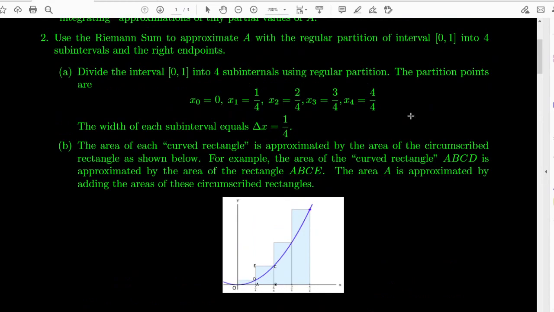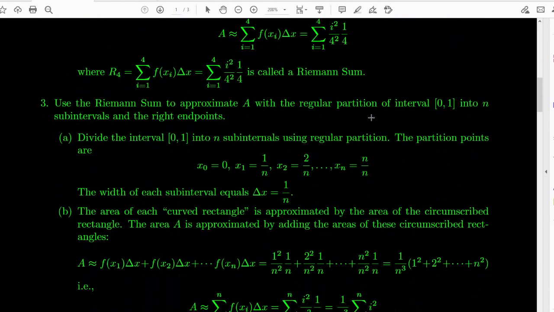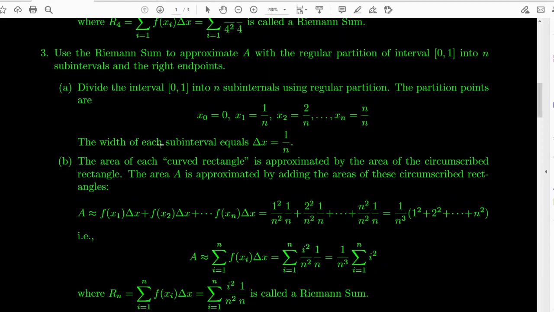If we divide the interval from 0 to 1 into 4 subintervals, we have 5 partition points. For the general case, if we divide the interval into n subintervals, you have n plus 1 partition points. And the width of each subinterval is 1 over n.